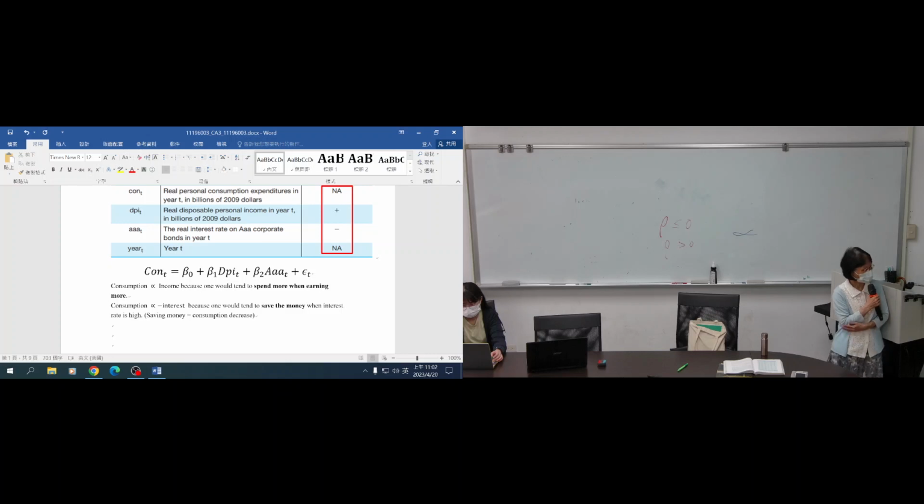The direct proportion between consumption and income is because if you earn more, then usually you will spend more. And the reason that it is a negative relationship with consumption is that if the interest rate is high, usually you will want to save money instead of spending money.